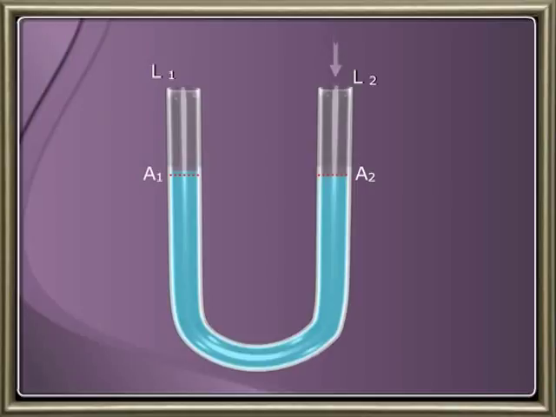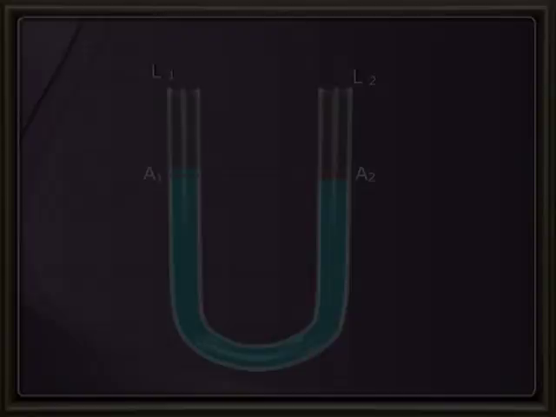Now blow air in one of the limbs of the test tube and notice the water level oscillating between the mean positions A1 and A2. A component of force due to gravity acts on the center of mass of the water when it is displaced from its equilibrium level. Thus, the water oscillates, making a simple harmonic motion till equilibrium is restored.